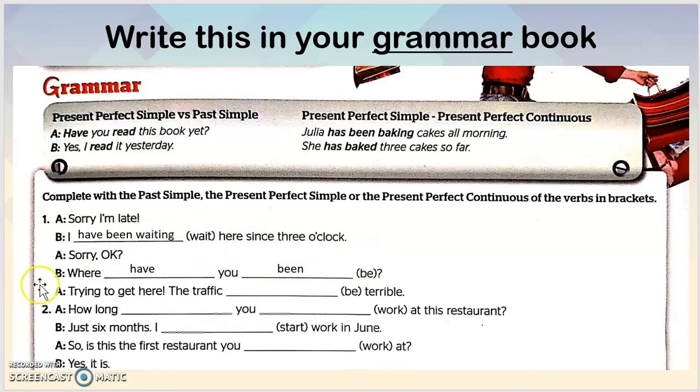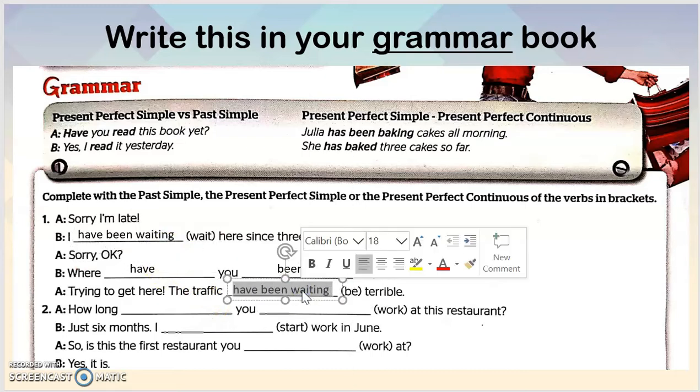So the answer for B is where have you been? And A says trying to get here. The traffic terrible. What is the past tense of is? Yes, the past tense of is was.